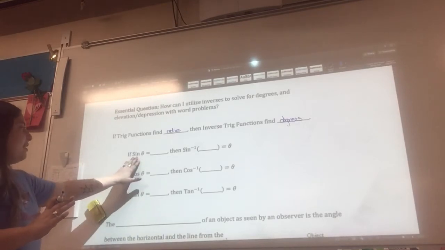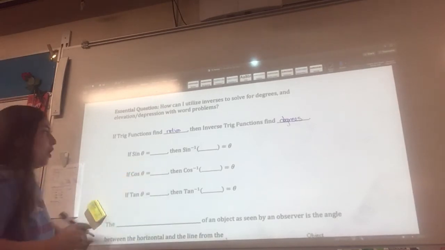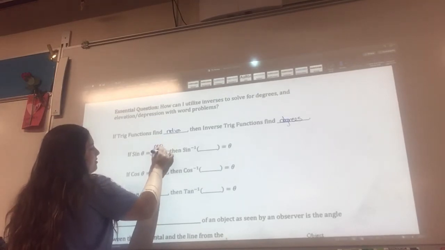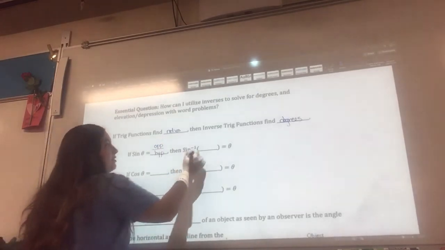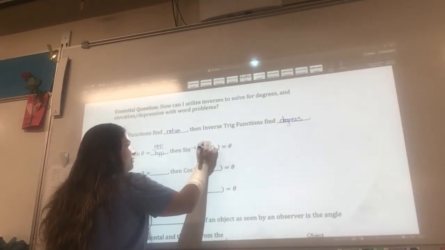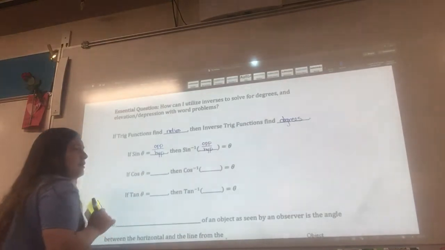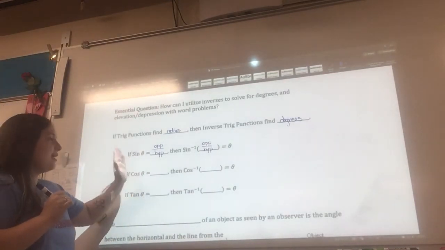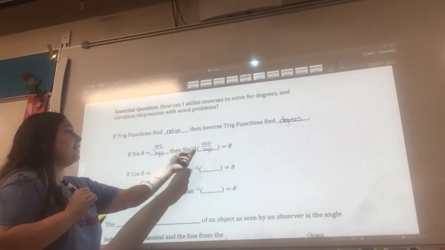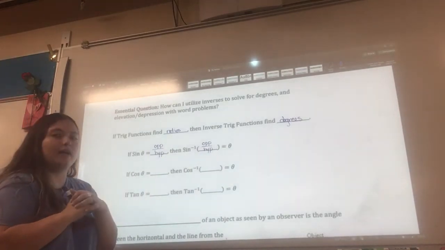If sine theta equals opposite over hypotenuse, then to solve for the degree, instead of saying sine theta equals opposite over hypotenuse, theta equals sine inverse of opposite over hypotenuse.